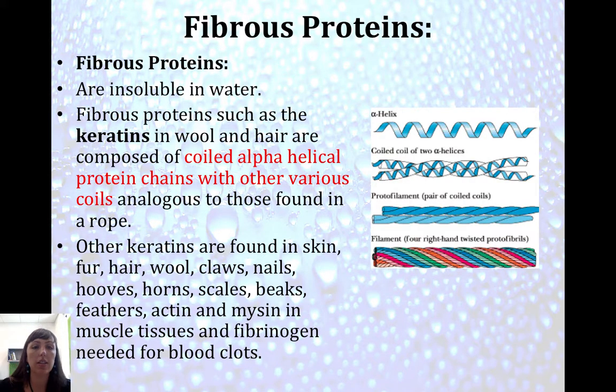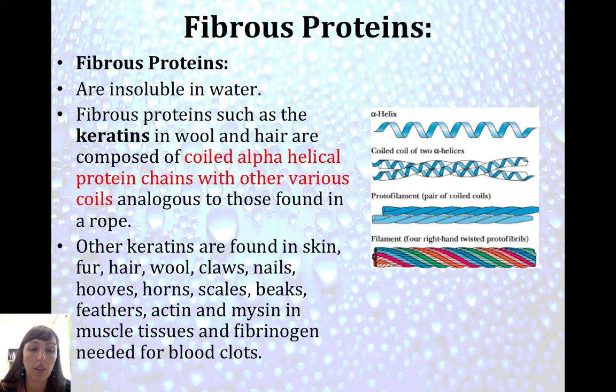Okay, fibrous proteins. Fibrous proteins are insoluble in water. Ones like keratins in wool and hair are composed of coiled alpha helical protein chains with other various coils, analogous to those found in a rope. So you can see there to your right.